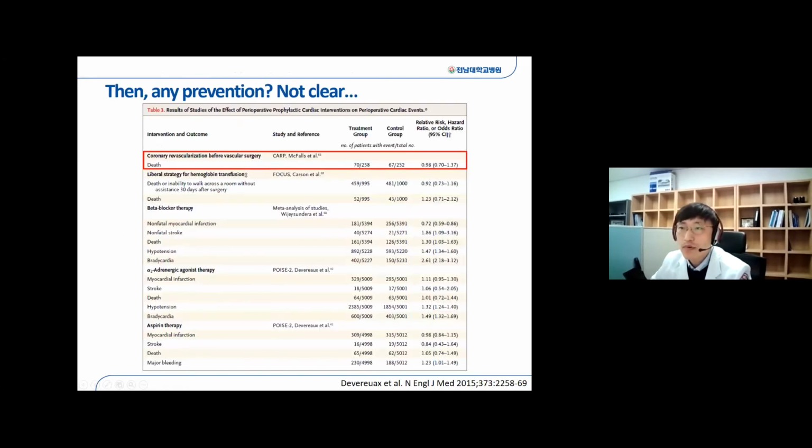Then what preventive treatment can be done? It is not clear. If we do preventive revascularization in patients at high risk, it does not lower the rate of cardiac death or overall mortality following non-cardiac surgery. So routine revascularization is not indicated, and we have to do revascularization in selected patients according to the guidelines.